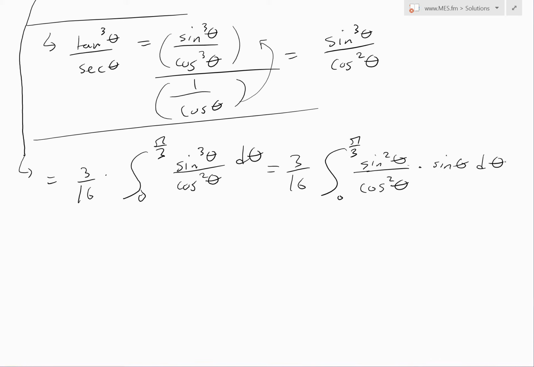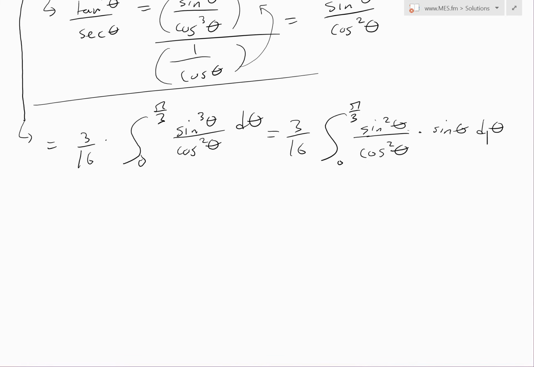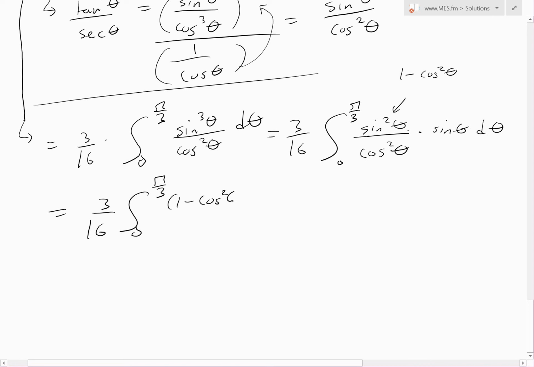And you can see more tips on solving integrals of trig in my earlier videos. So now what we do here, this part right here, using the trig identity, equals 1 minus cosine squared theta. So this all equals 3 over 16 times the integral from 0 to pi over 3. Now we have a 1 minus cosine squared theta, and I'll show you why we're doing this.